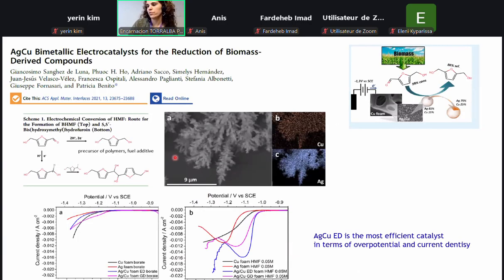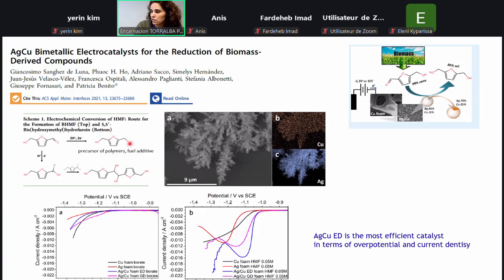So here I put just an example that I found from an article that used a silver copper bimetallic electrocatalyst for biomass-derived compounds. Okay, so they want to reduce this compound to this one.